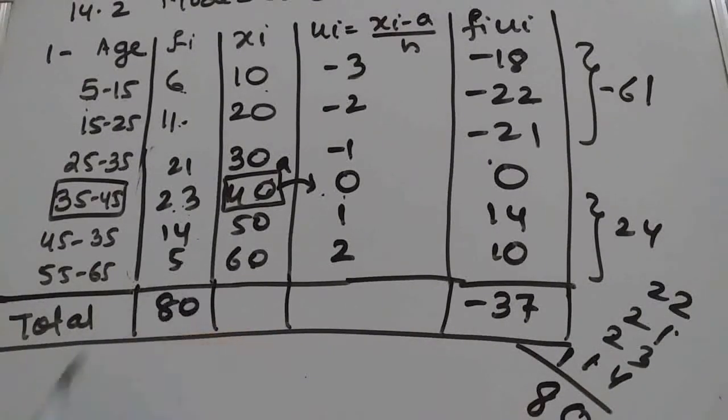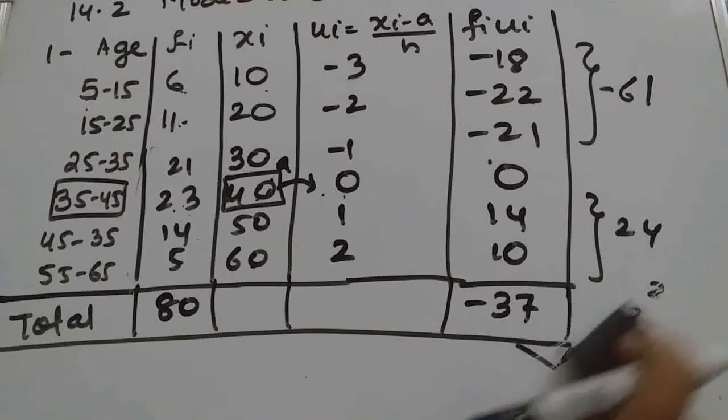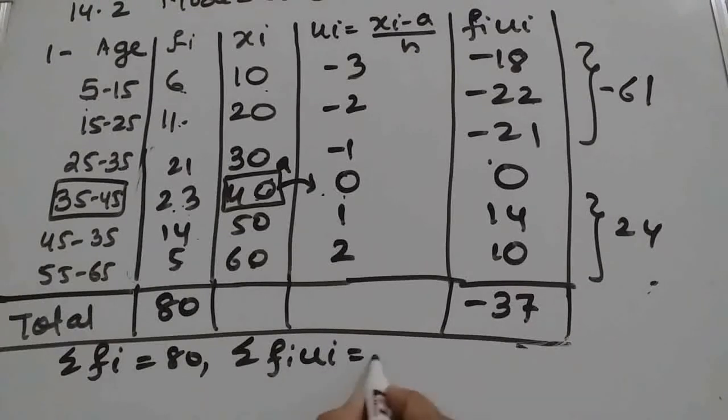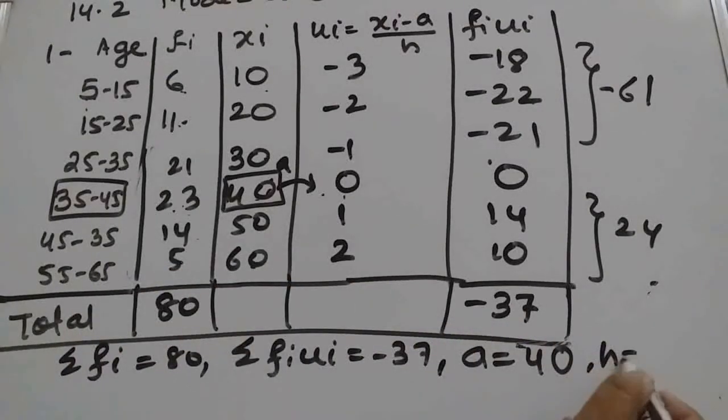So 80 is sigma fi. Now we'll apply a formula here. Okay. So we got sigma fi as 80, sigma fiui as minus 37, A we assumed as 40, h is 10.